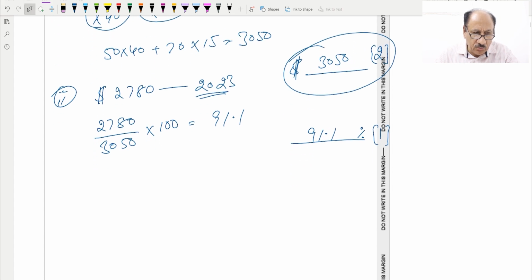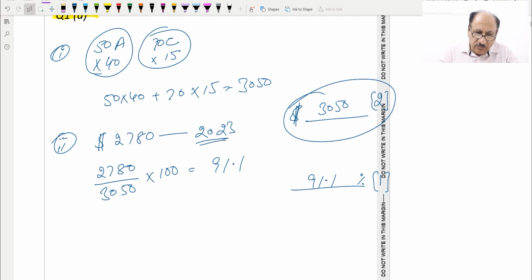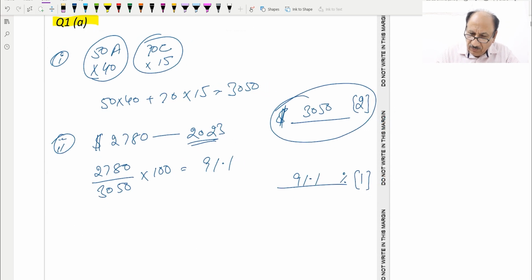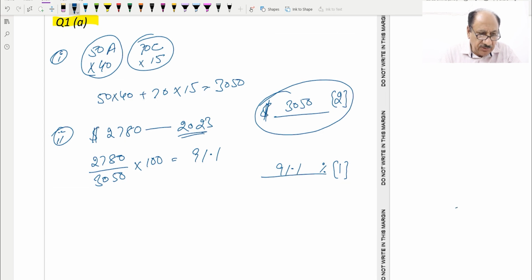Now we can go through the next part. Before going to the third part, I will just resize a little so that we can have better space for the rest of the question. The third part says in 2023 there were 120 members.